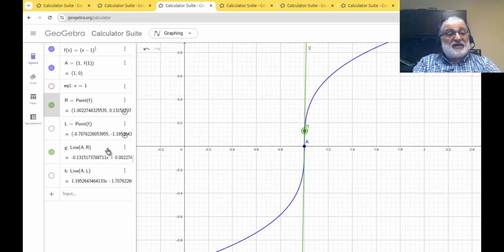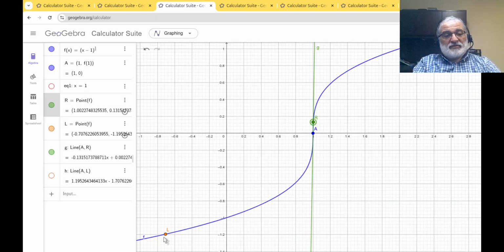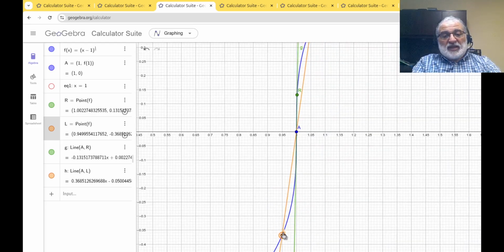What's happening from the left side? That's a point L over here to the left of A, and I'm going to connect L to A to get a secant line, and then I'm going to bring L closer and closer to A. What's happening here?